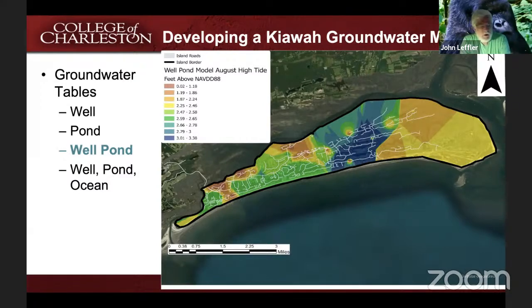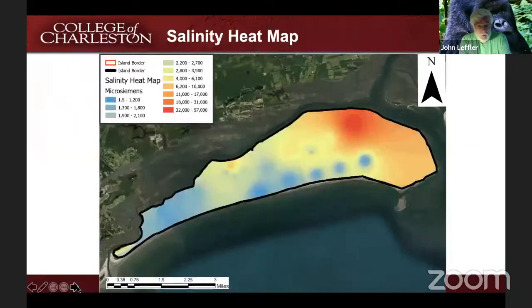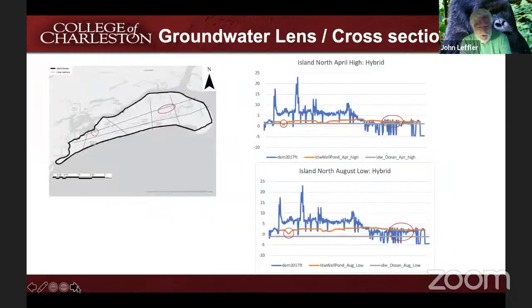DJ, you had a couple of those maps where you're comparing things to the DEM 2017. That might require explanation of what a DEM is, but you circled particular areas in this graph that we're looking at right now. You're saying that you're identifying some areas where there's saltwater intrusion.